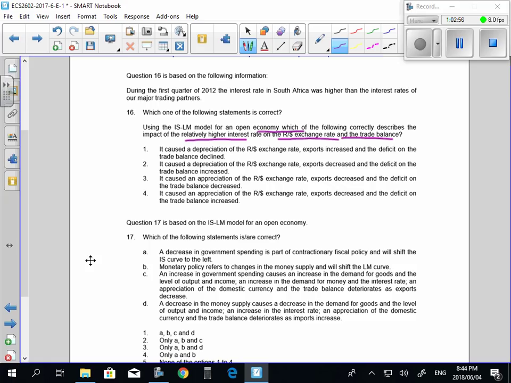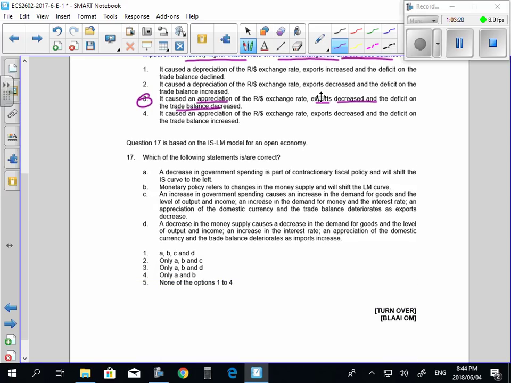If our interest rate is higher, people are going to switch their investment from foreign currencies into our currency or from their country to ours, causing an appreciation. Exports will decrease, deficit on the trade balance. Question 17, it is 1.